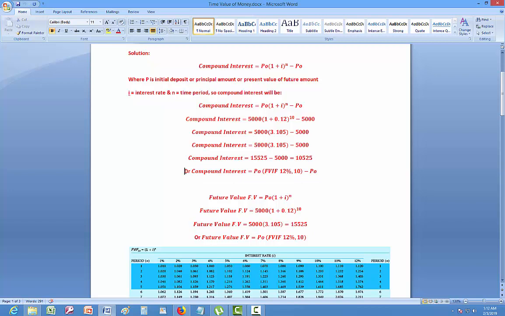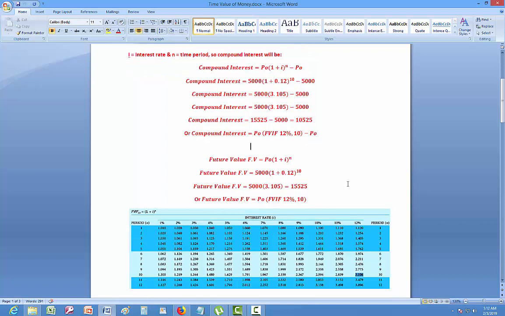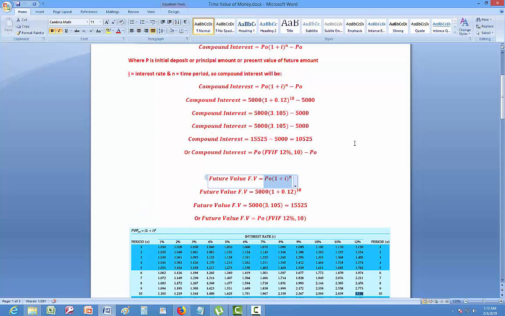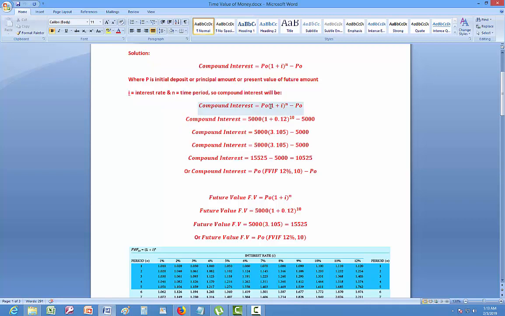There is an alternative way to calculate compound interest and future value, and we can calculate these two with the help of FVIF table. As you are seeing that 1 plus I raised to power n, and in the question of compound interest 1 plus I raised to power n.